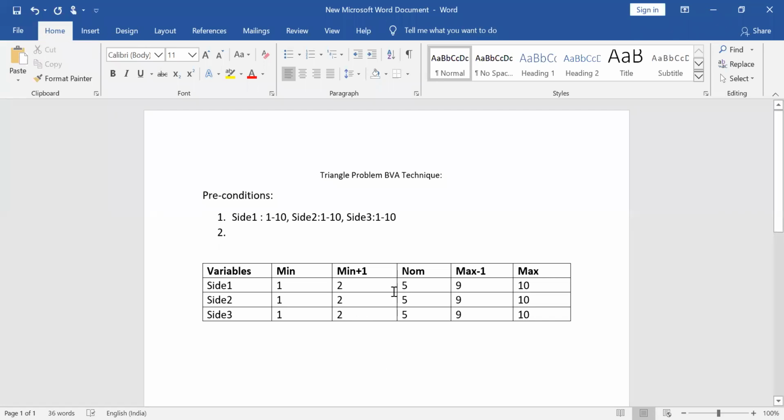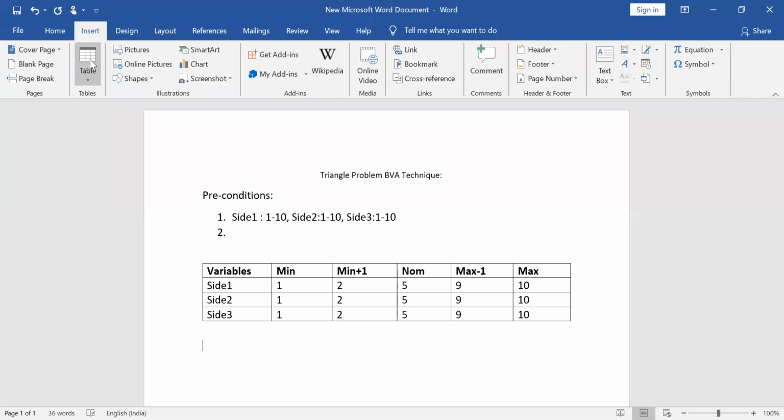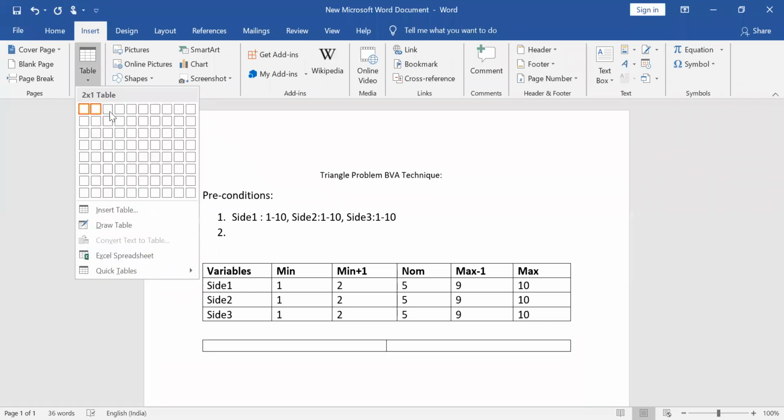Next thing is construction of one more table. I need to insert one more table. What should this particular table contain? Actually, this is where the design starts. So how many columns do we require? First is test case ID. Second one is input, followed by output, followed by status.